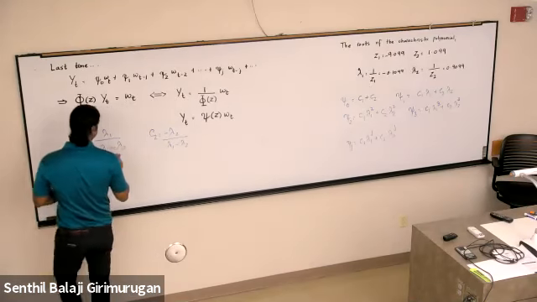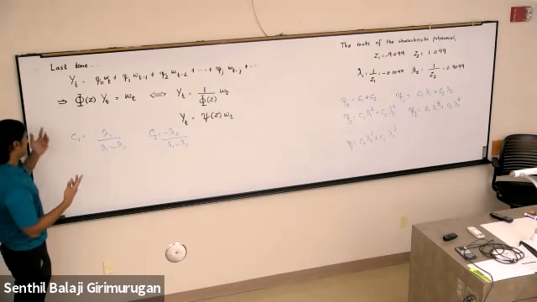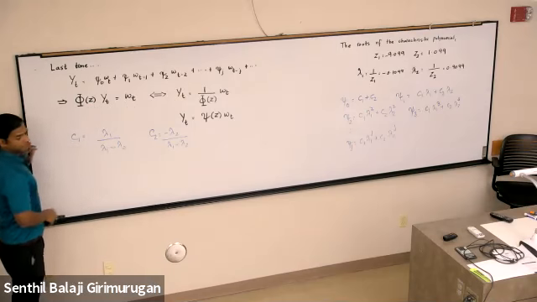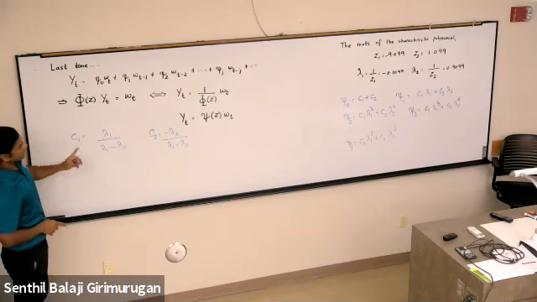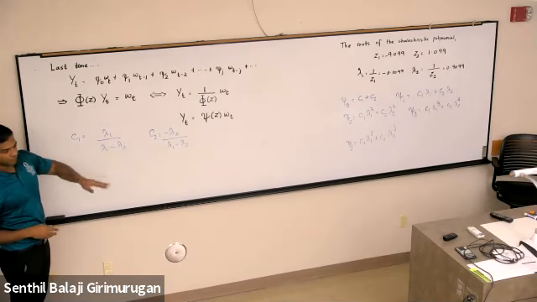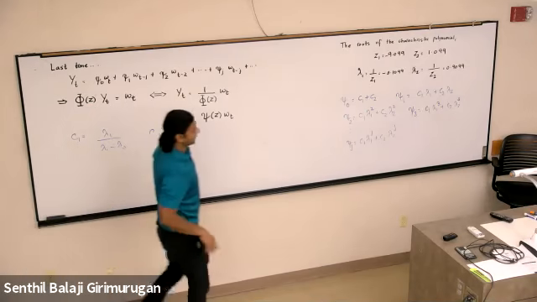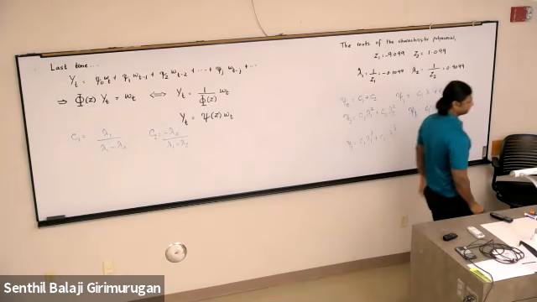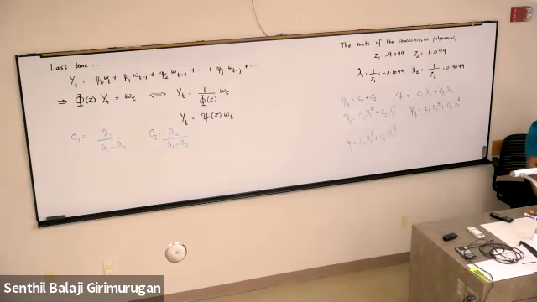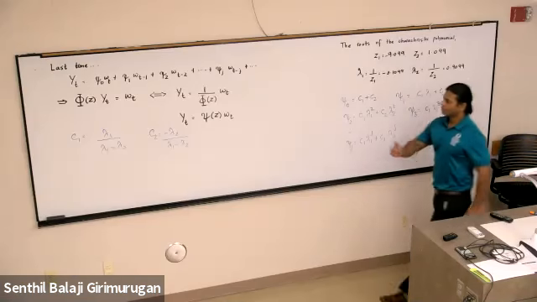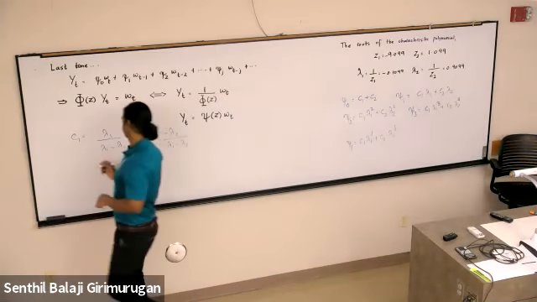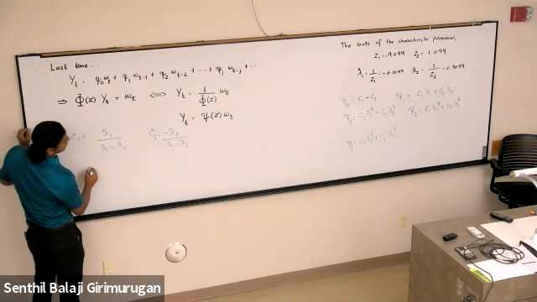Okay, so now we have the values lambda 1 and lambda 2. Therefore, we must know C1 and C2. Let's go ahead and find C1 and C2 first, and then we can start finding the psis. What is C1? 0.1078.